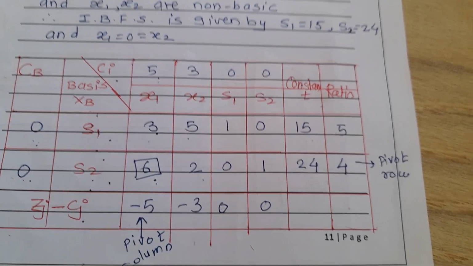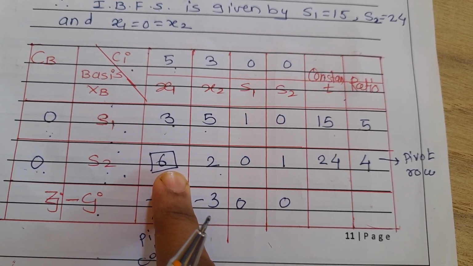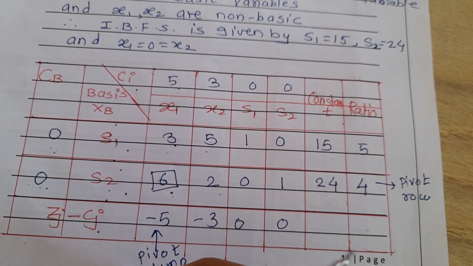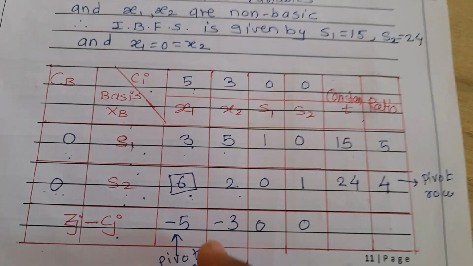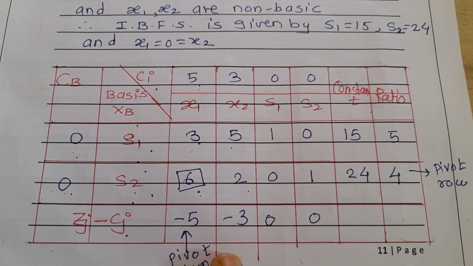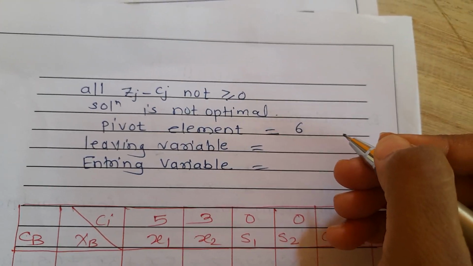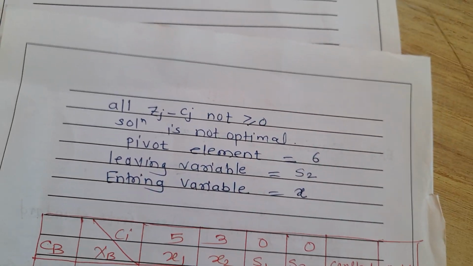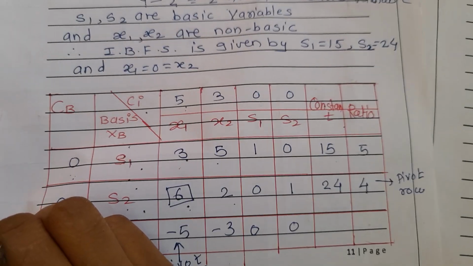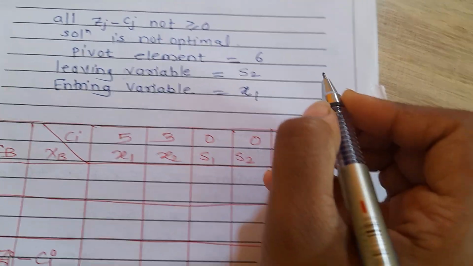Therefore we write our pivot column, pivot row and pivot element, and also our leaving variable, the pivot row element, which is S2, and the entering variable is X1. So our pivot element is 6, our leaving variable is S2, and our entering variable is X1. Therefore we write here X1.